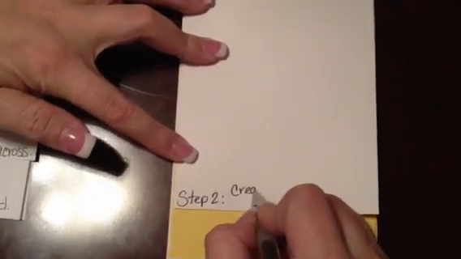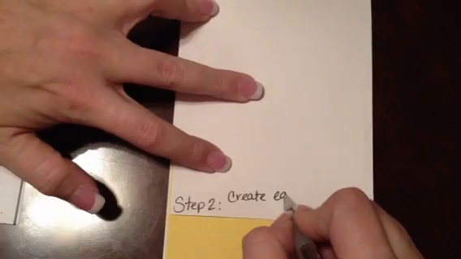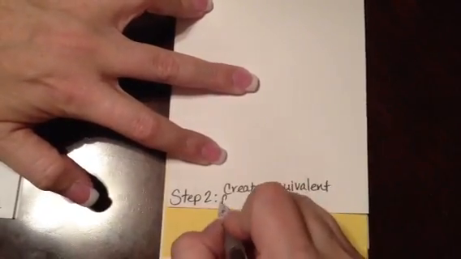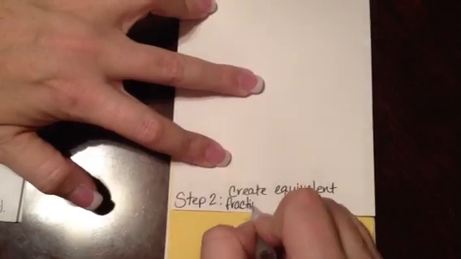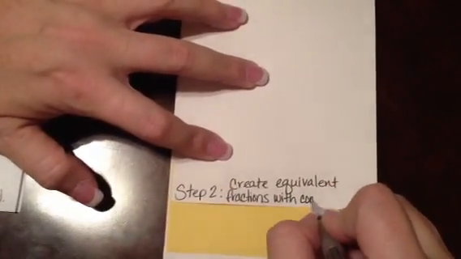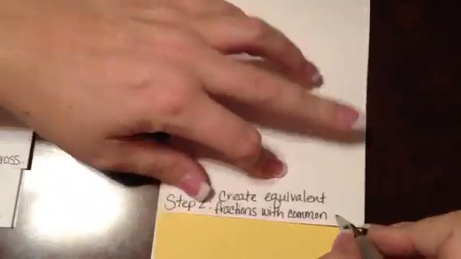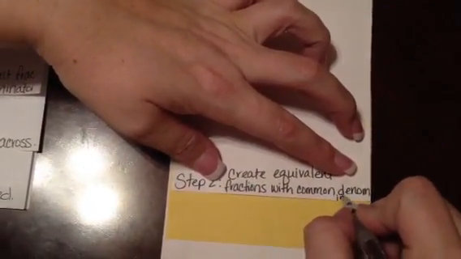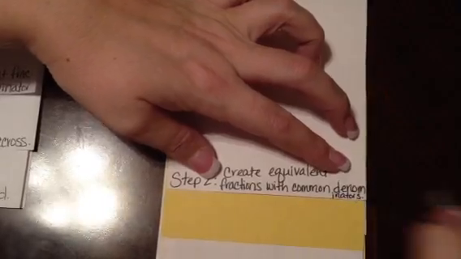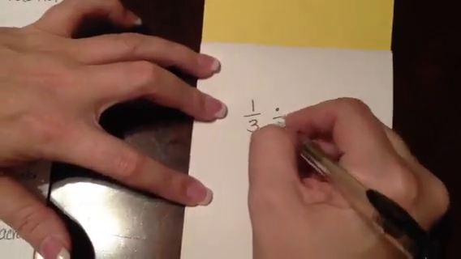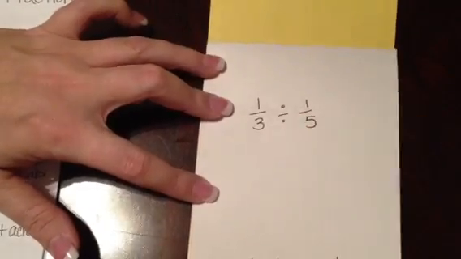Create equivalent fractions with common denominators. So I'm going to carry over my 1/3 divided by 1/5.